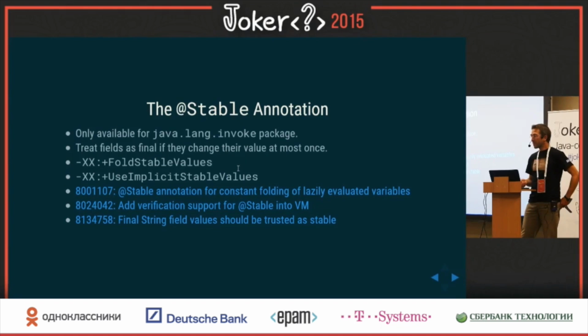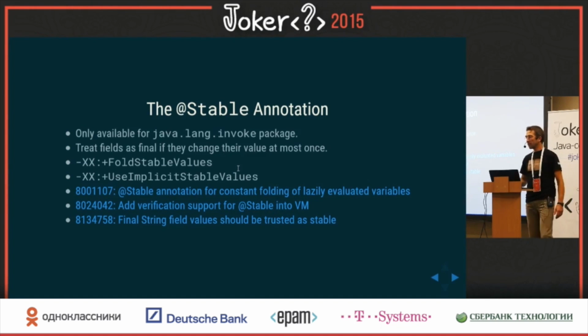But the JDK itself still has a lot of places where it's worth optimizing final instance fields. And for this, they came up with different solutions, because it's so hard to just trust final instance fields, and we cannot enable them by default because, as we saw, a lot of people are using such tricks and a lot of code will break.